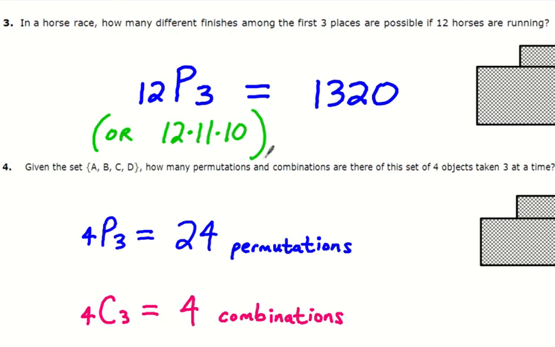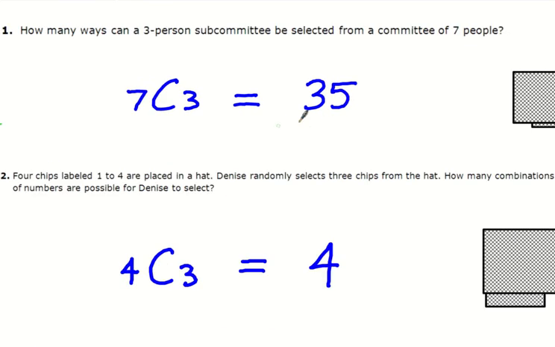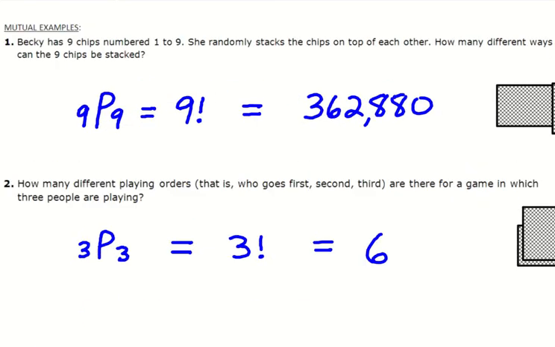I'm going to prove it right now on my handy dandy calculator, just to prove to myself that I'm not crazy. Yep. So again, permutations and the counting principle have a very strong connection, but not combinations.